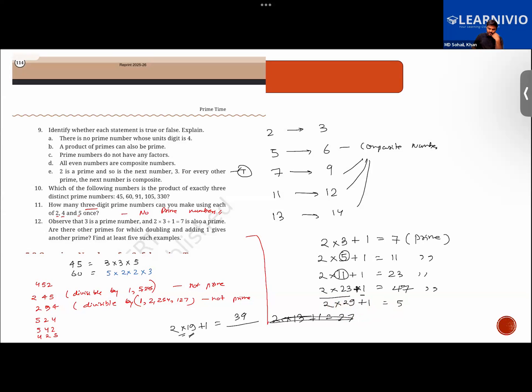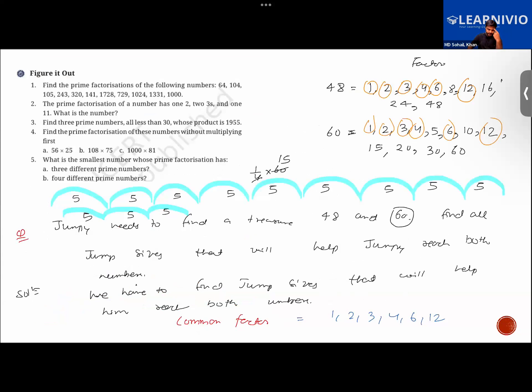Very good. So 59 is also a prime number, right, Nafis? So all these numbers, 3, 5, 11, 23, 29, are such prime numbers that when they are doubled and we add 1 to them, we get a prime number. Hope that's clear.